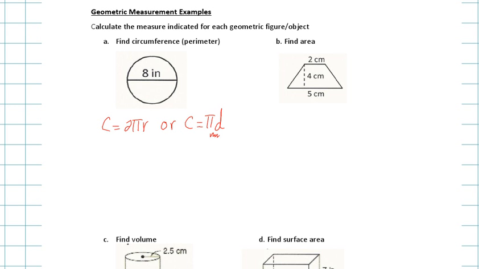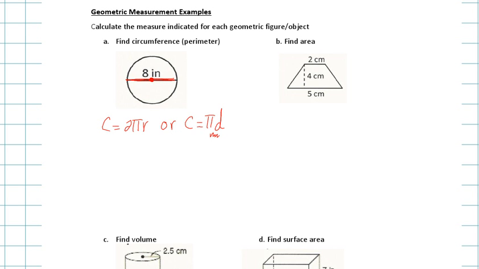What's the diameter? Halfway across the middle. It's across through the middle, right? So the diameter is the length of the whole thing passing through the center.